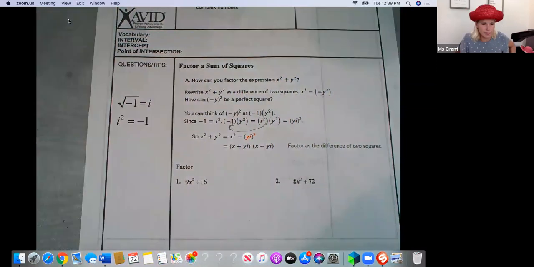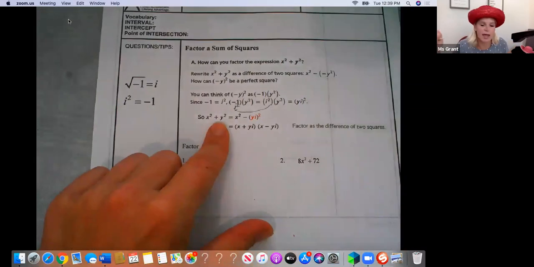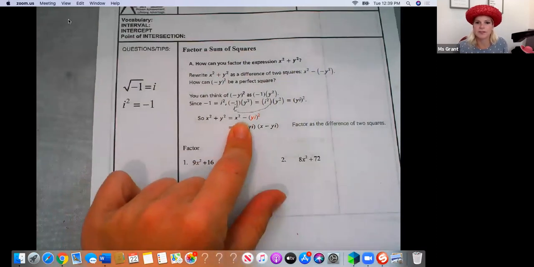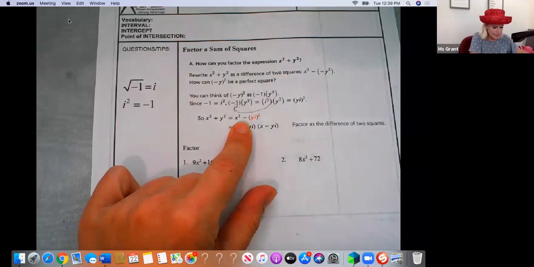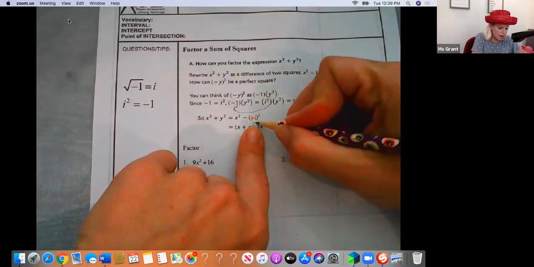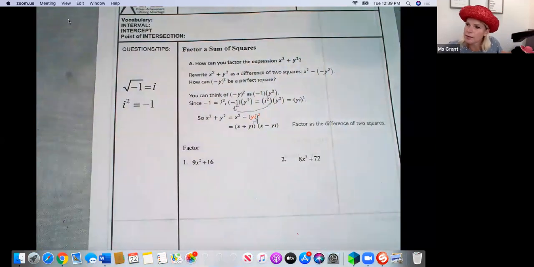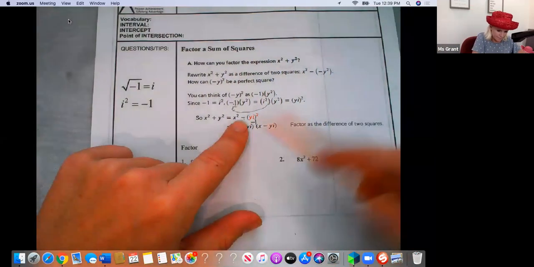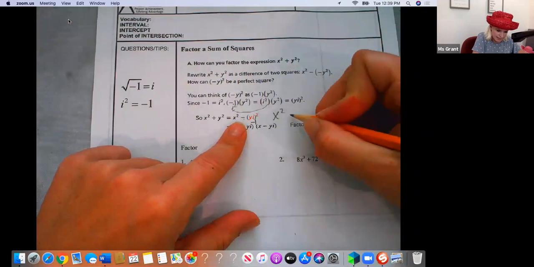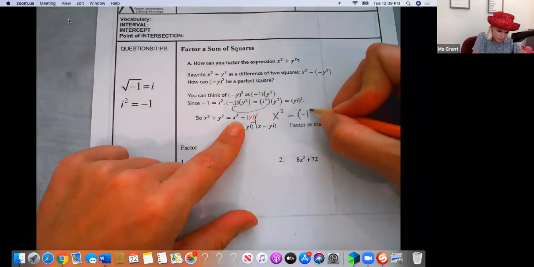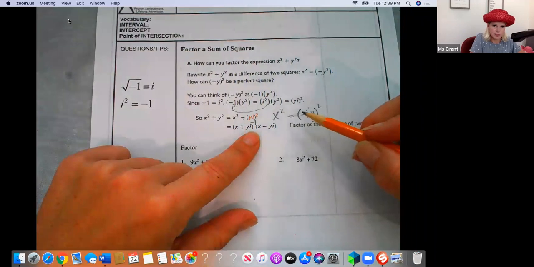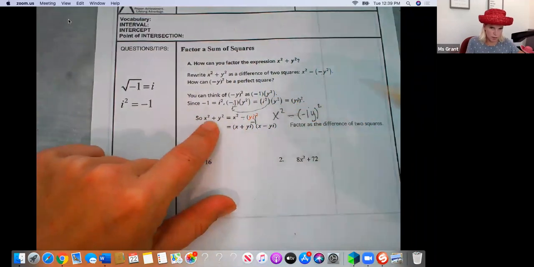So I'm going to have this number, x squared plus y squared, and make a difference of squares, a minus, because in here, i squared is a -1. That would be x squared minus -1 times y squared, right? This then ends up being a plus, which is what I started with.